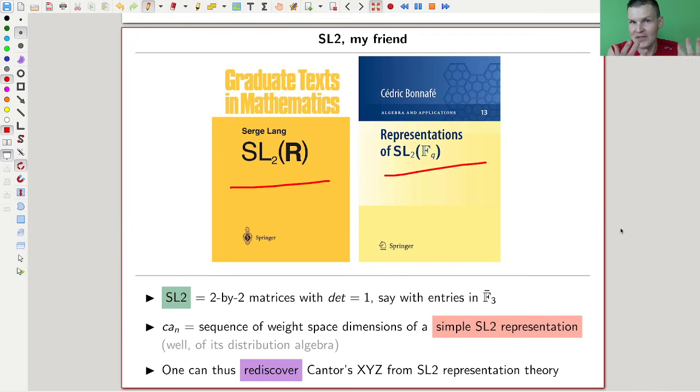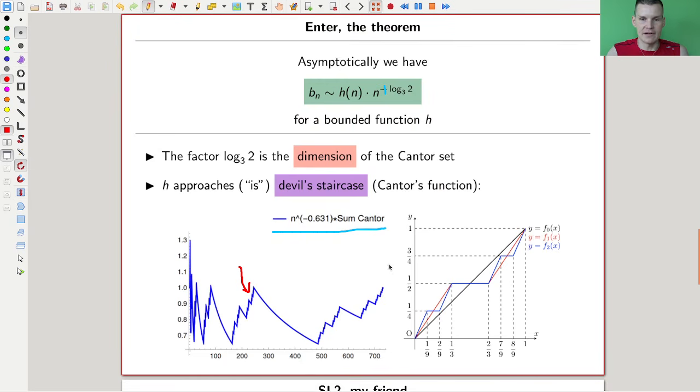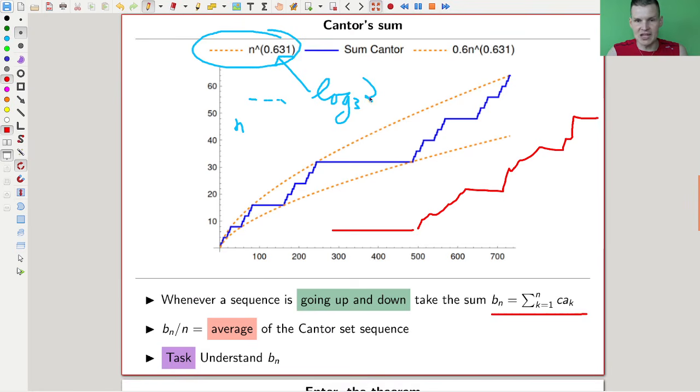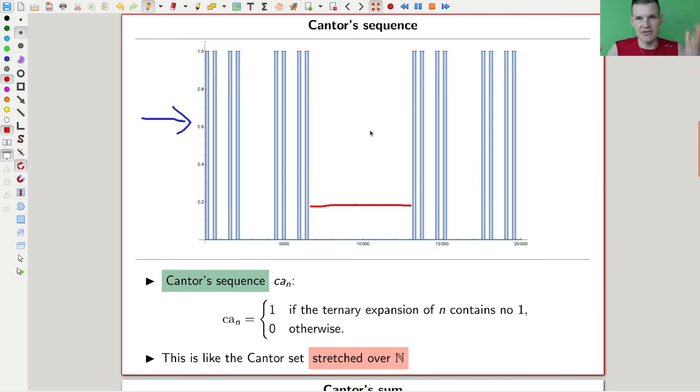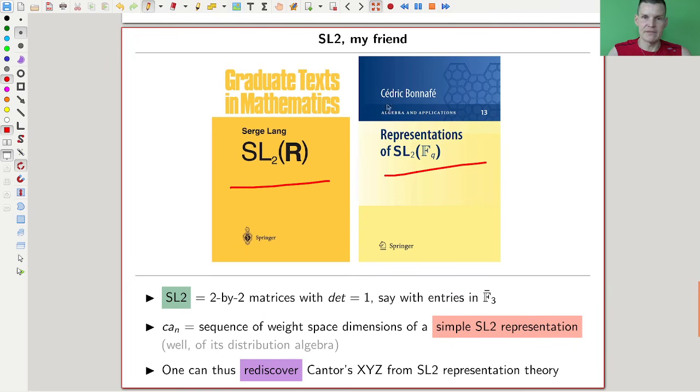You can pull out the Cantor set from this group, for example, because the Cantor sequence is essentially equivalent to the Cantor set. As soon as you know the Cantor sequence, as I just explained, you get the devil's staircase, the Cantor function, you get the dimension of the Cantor set. You essentially already have the Cantor set here. You just need to squeeze it now to an interval. So the definition of the Cantor set implies the definition of the Cantor sequence, and vice versa, essentially equivalent.